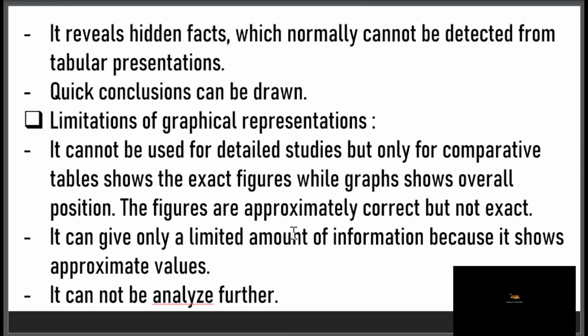Then the limitations of graphical representations. It cannot be used for detailed studies, but only for comparison. Tables show the exact figure while graphs show the overall position. The figures are approximately correct but not exact. It can give only a limited amount of information because it shows approximate values. It cannot be analyzed further.